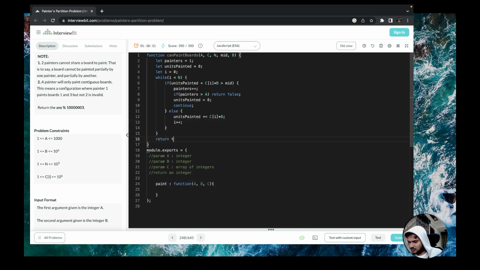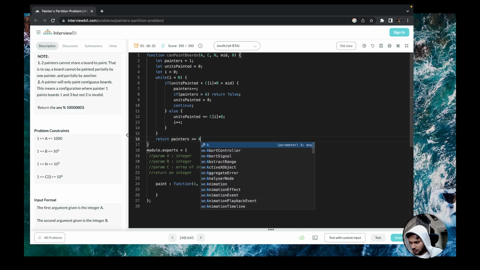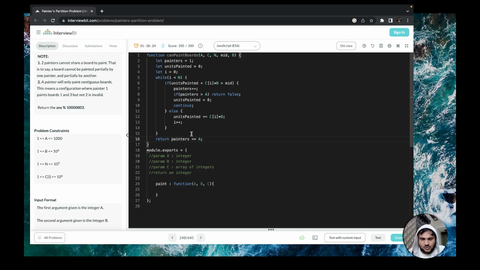At last, you return true. If you never did anything, you return true, or technically, just to be more safe, you can say the painters that were required were less than or equal to A, then technically it is going to be true. Because if let's say you are on the last painter, then also this condition will be automatically handled.